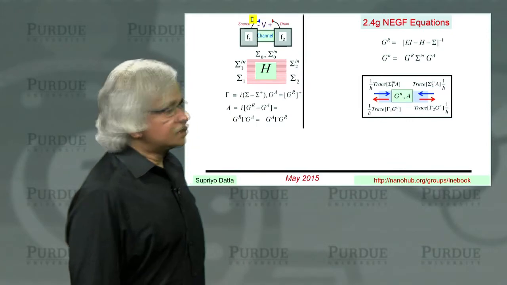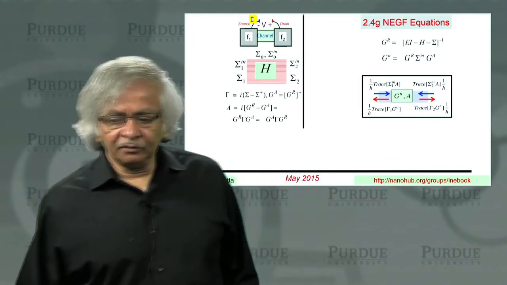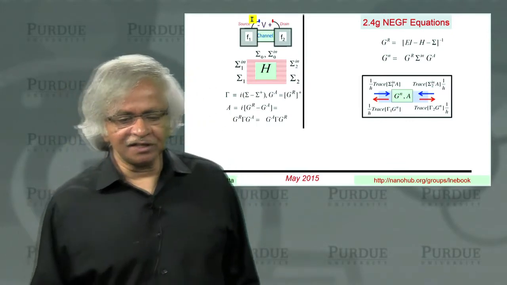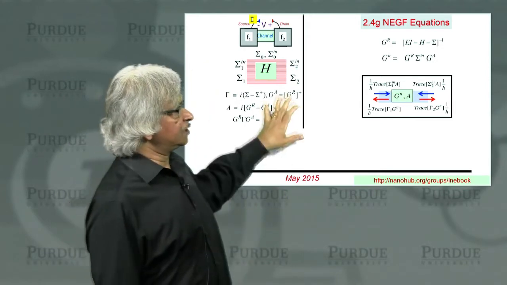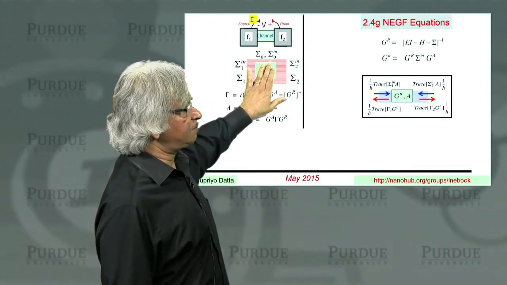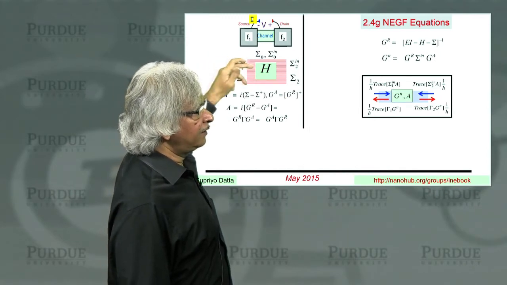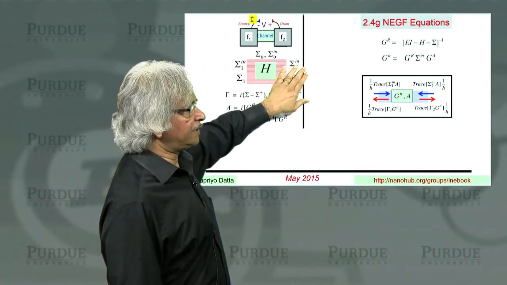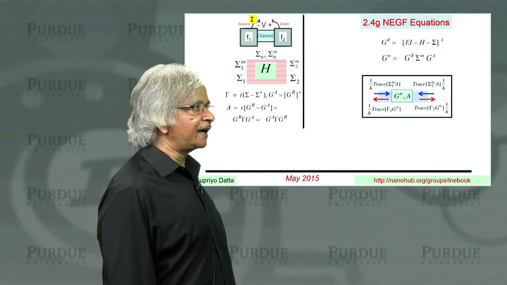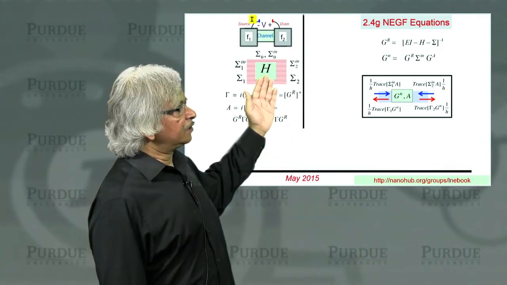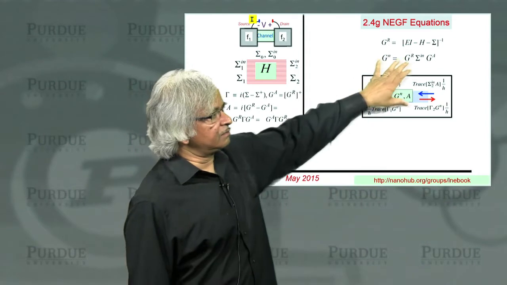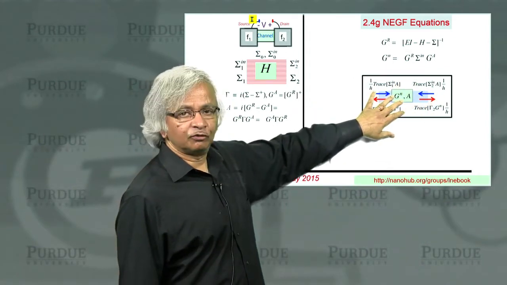Okay, so to sum up, what we did here is develop these NEGF equations. You have a channel described by H, then you have sigma 1 in and sigma 2 in, which describe the connection to the two contacts. In terms of these, you can interpret it as inflow and outflow.